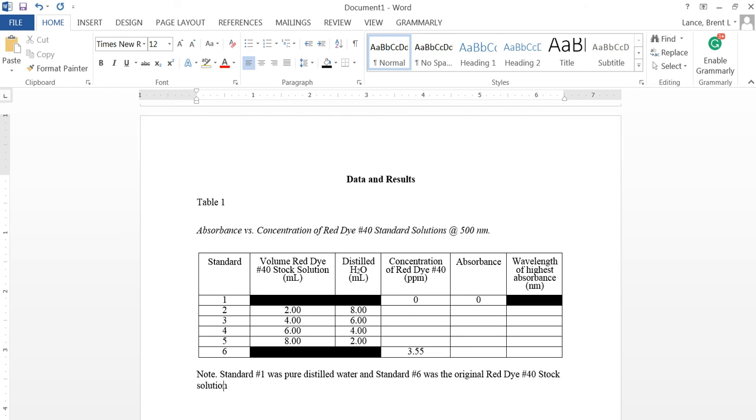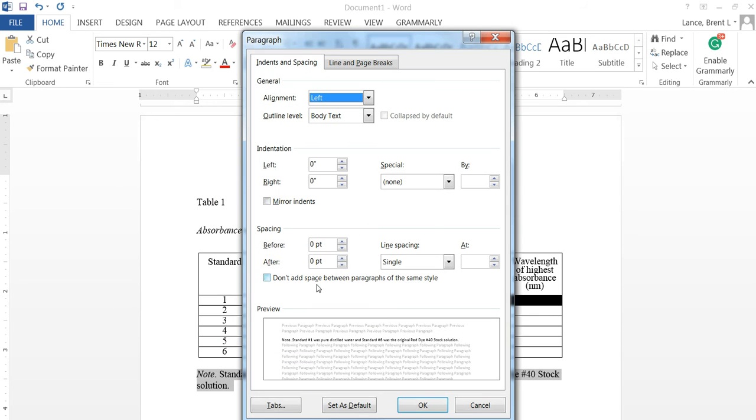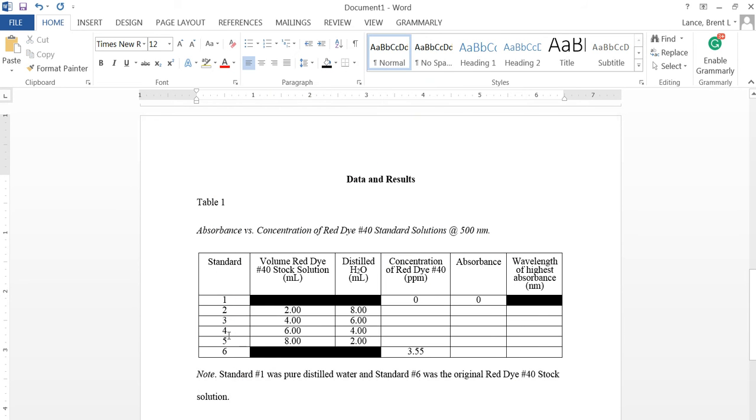If I can type, there we go. The first thing is that the word "Note" needs to be italicized, and then it also needs to be double spaced, paragraph, double spaced. So it would kind of look like that, okay?